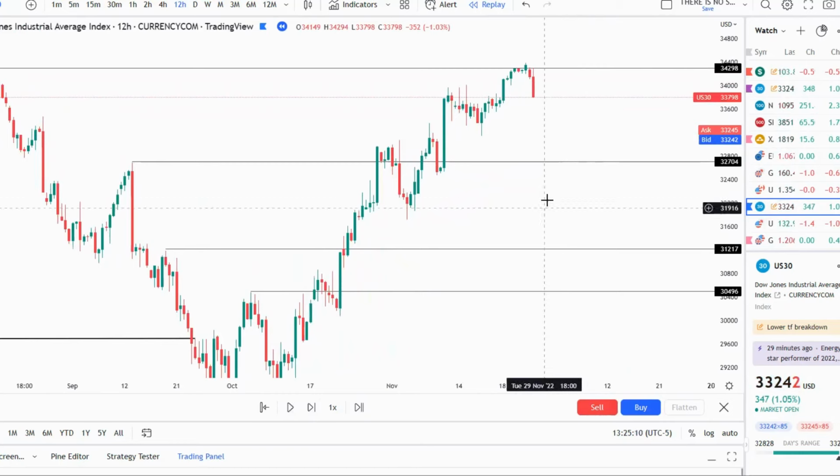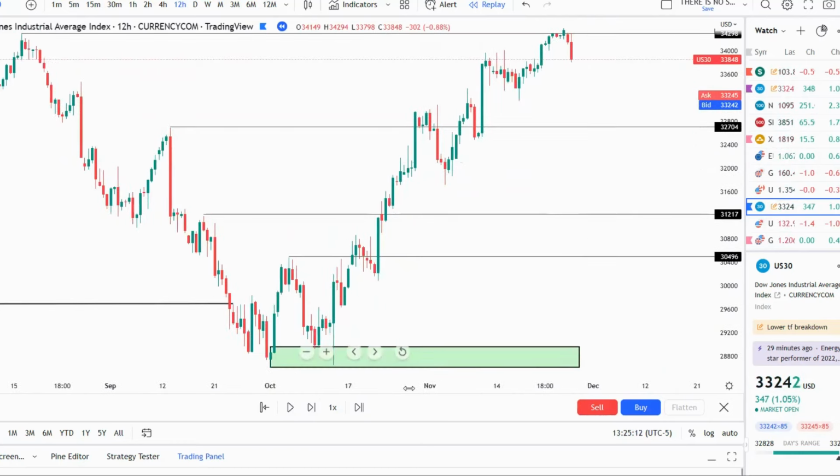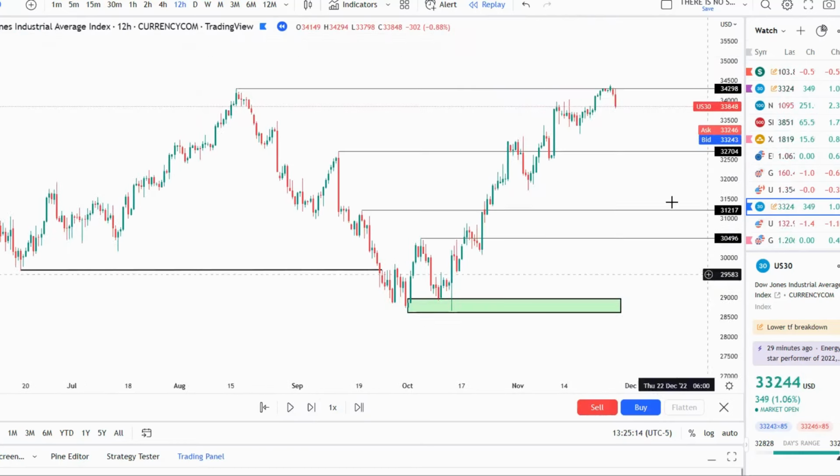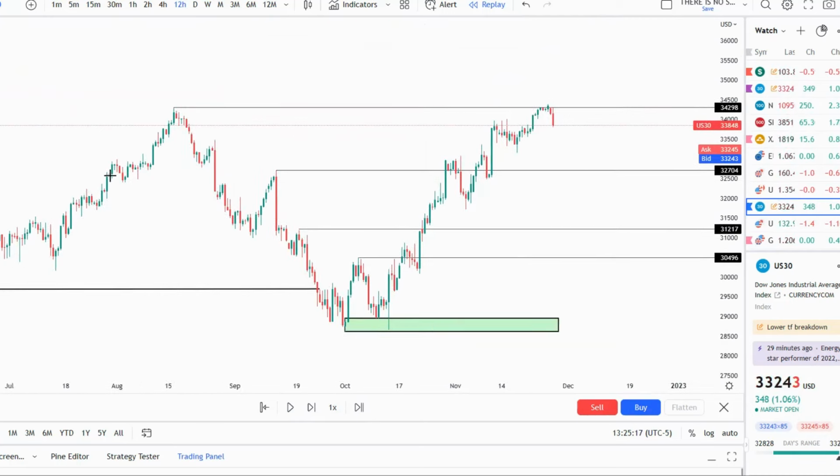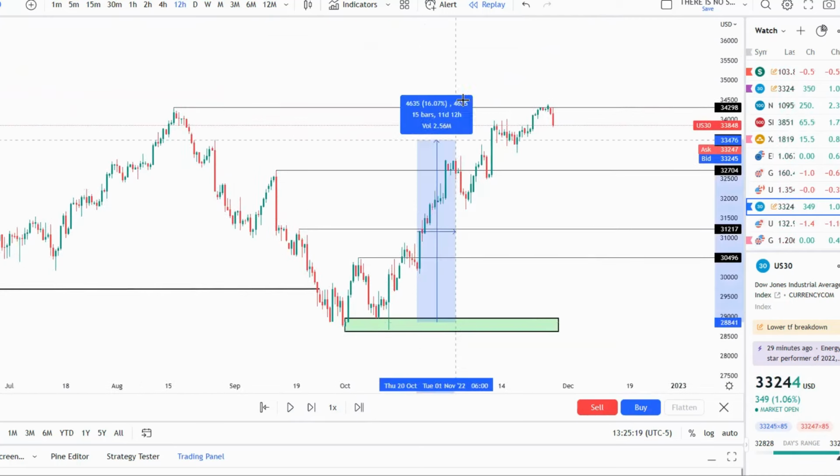Okay, that's about 59 days there. That's a long time to hold a trade. That's almost 2 months, which I've done before. It's not that bad, guys. It's really not that bad.